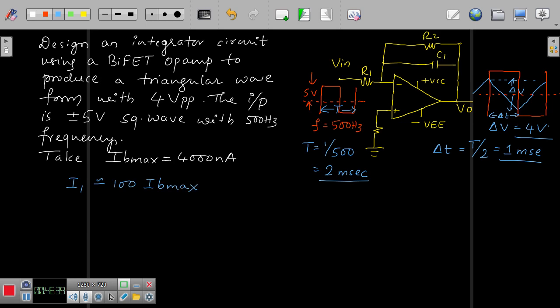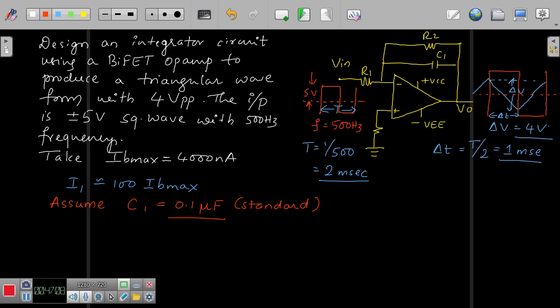But in some of the books, they have assumed the value of capacitor. Assume C1. So this C1 is assumed to be 0.1 microfarad, which is the standard value. Okay, so C1 value is assumed.